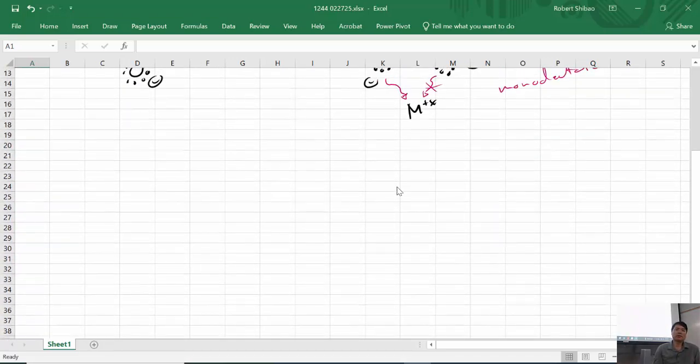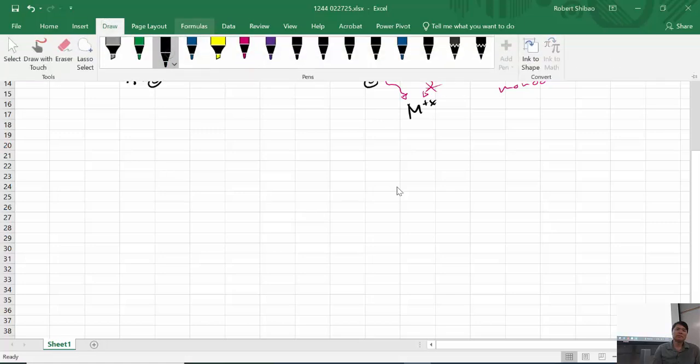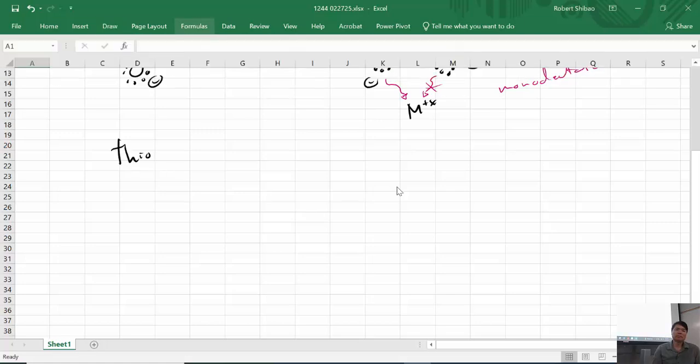Now, what about thiosulfate? Thio just means sulfur. So thio means replace oxygen with sulfur. That's fine because oxygen and sulfur are in the same family. So I'm going to replace one of these oxygens with the sulfur.